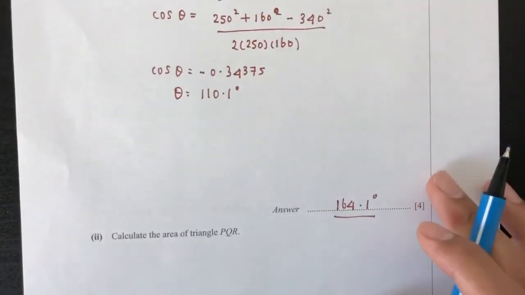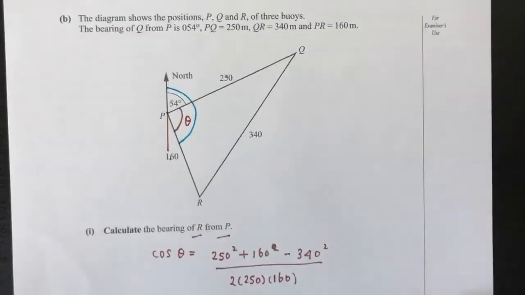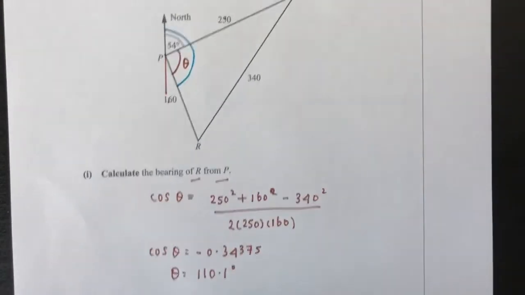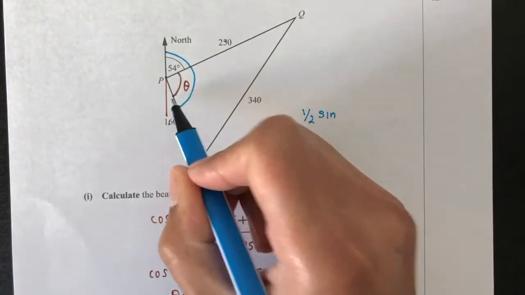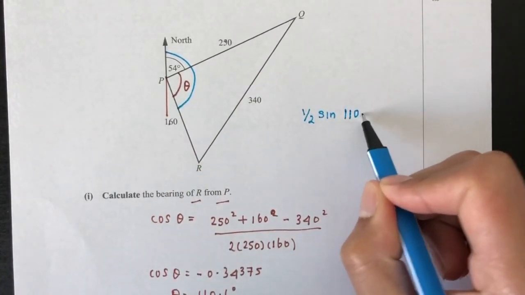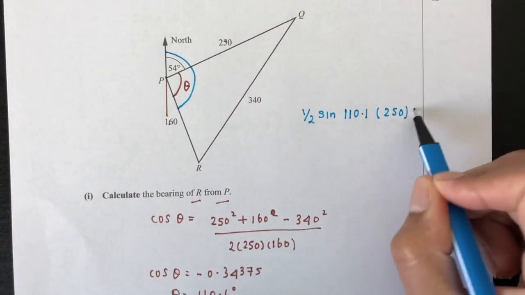Okay. Now part 2 is calculate the area of triangle PQR. So to find the area, we can use the formula half of sine of the angle, which is this one, which was 110.1, times these two sides, which is 250 and 160.